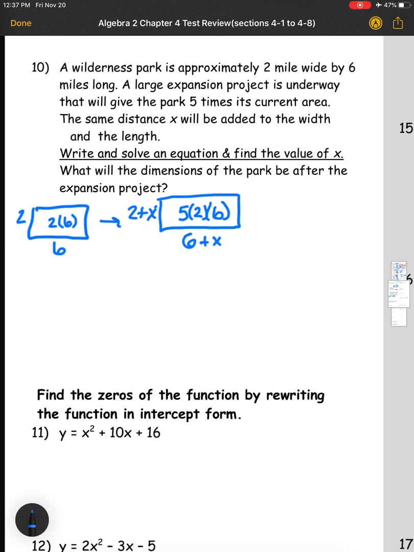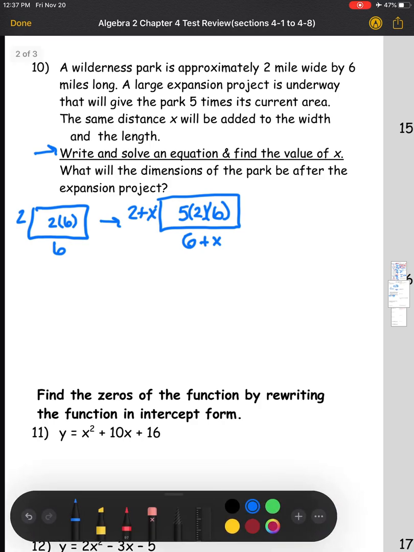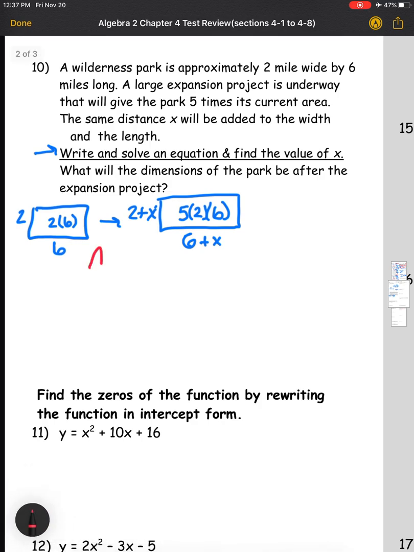So the first thing we need to do is write and solve an equation for that new project. Area is length times width, so I'm going to do my width, let's say, x plus 2, times x plus 6, and it's supposed to equal 5 times 2 times 6. Well, that's just 60.